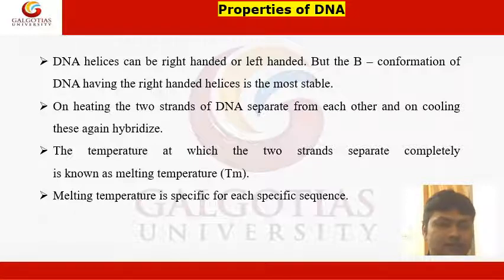The temperature at which the two strands separate completely from each other is known as the melting temperature and is denoted as Tm. T is capital and m is small. This temperature is specific for each specific sequence.